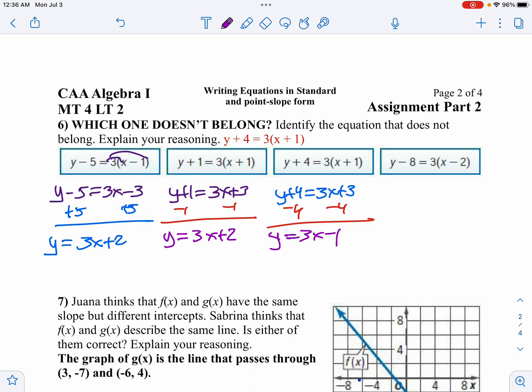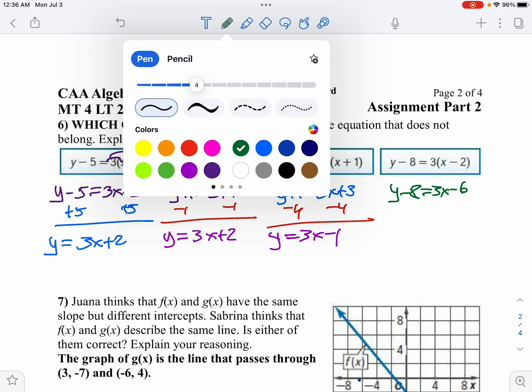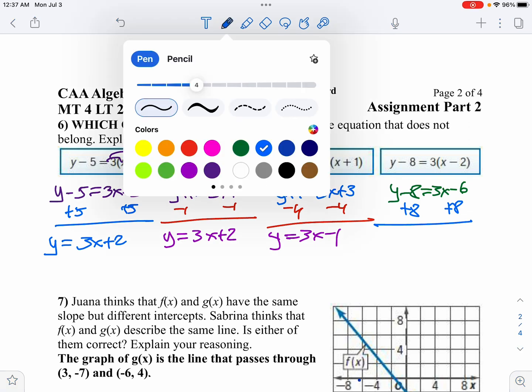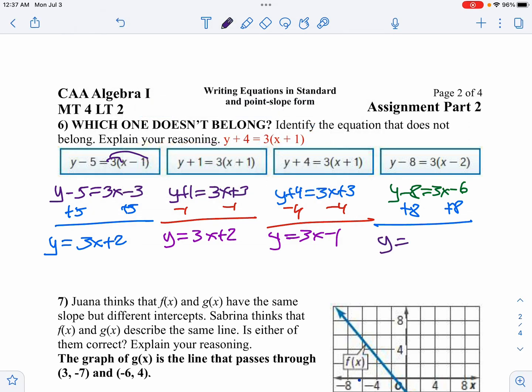Let's double check the last one just to make sure. y minus 8 equals 3x minus 6. We will add 8 to both sides, and we'll get y equals 3x plus 2. Notice the only thing that's different about the third one is a different y-intercept. Let's write that down here: different y-intercept.